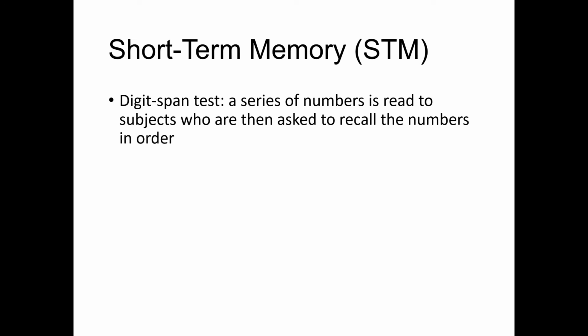So, one way to test our STM can be done by what is called a digit span test. And this is a memory chapter, so there are a lot of experiments we could conduct on ourselves. But digit span test is where a series of numbers are read to the subject, who are then asked to recall and repeat back the numbers.